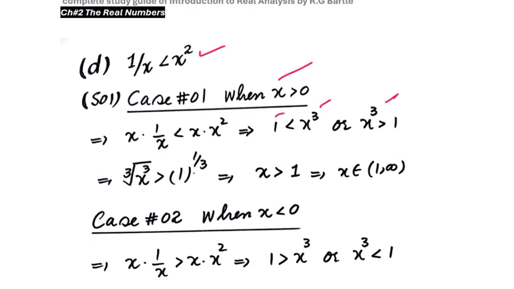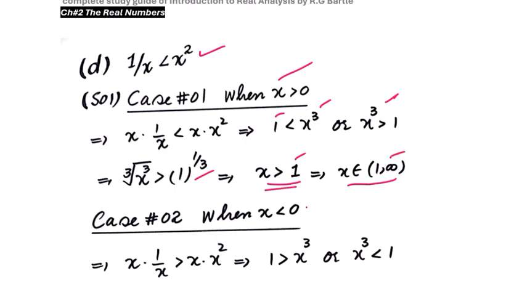Taking cube root on both sides, the cube root of 1 is 1. This implies x is greater than 1, which means x belongs to 1 to infinity, because in this case our x is positive, so we will take all positive values.